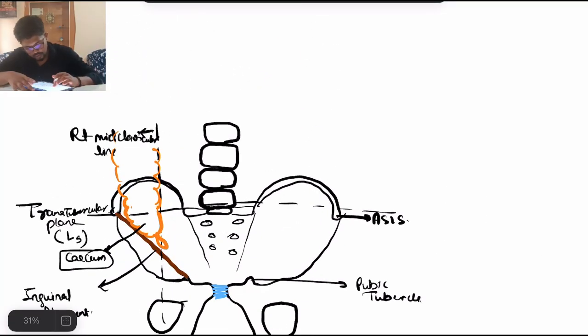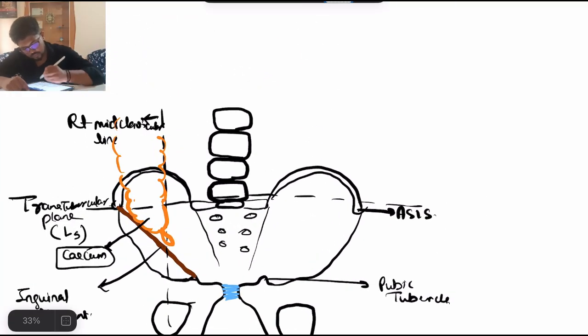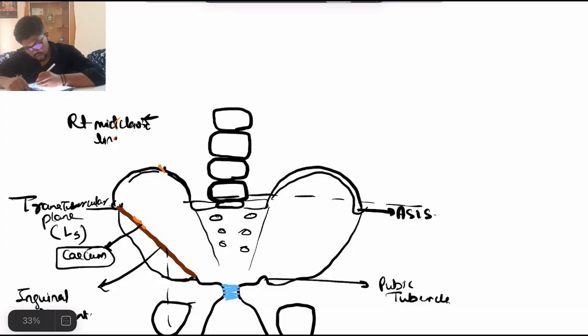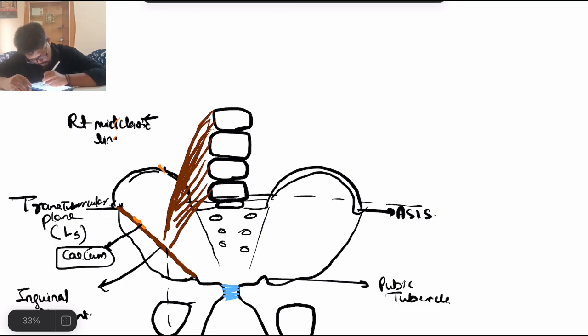For that we'll remove this cecum firstly. One muscle that is attached along the borders of the lumbar vertebrae L1 to L5, so this is the psoas muscle, and on the iliac fossa, the iliacus muscle.